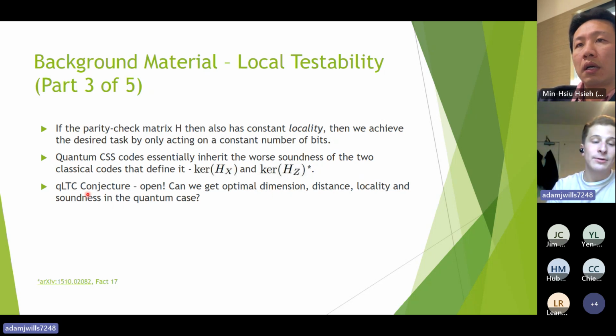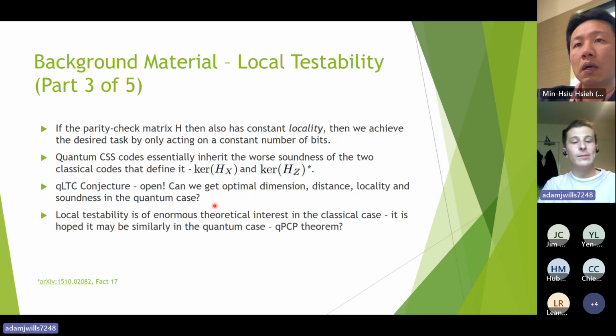So can we get our soundness all the way up to a constant in the quantum case? And this is open. The equivalent classical question, the C³ conjecture, is known to be true, but was highly non-trivial and was solved fairly recently in 2021 after several decades of effort.